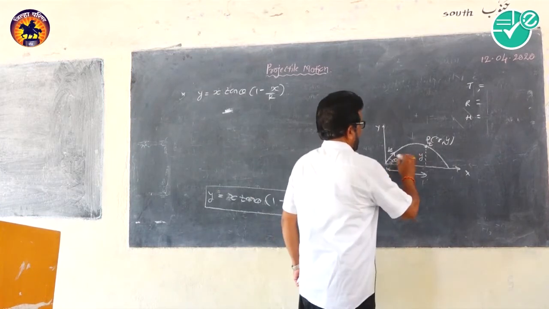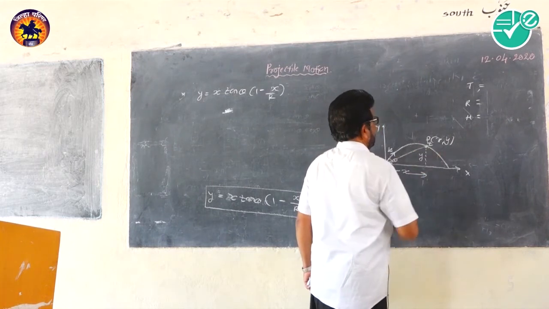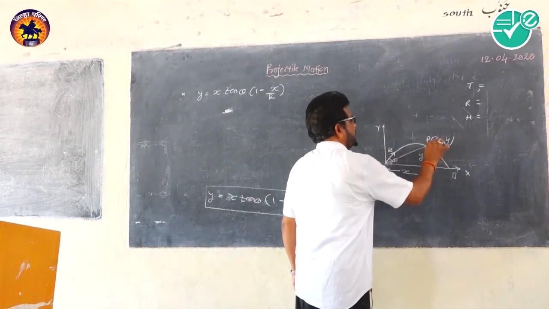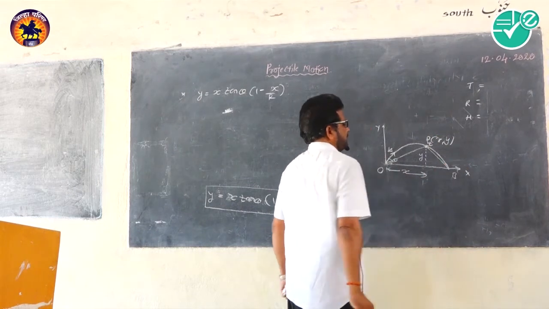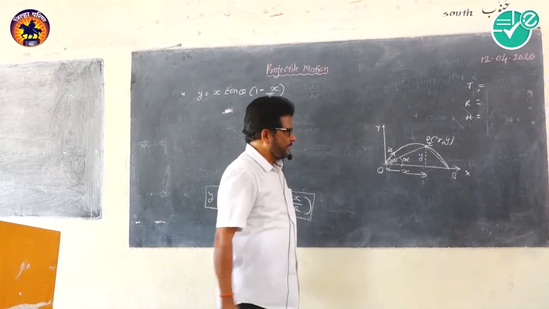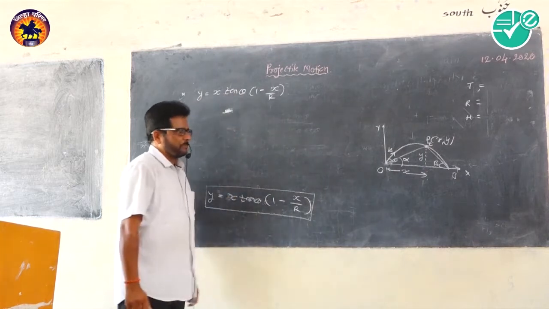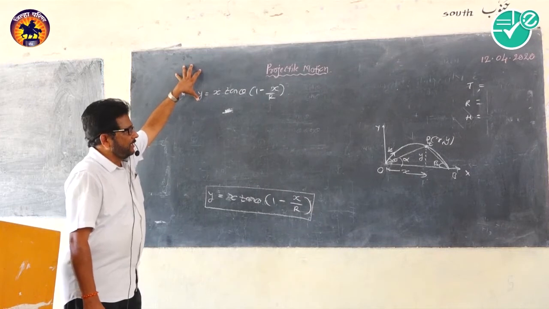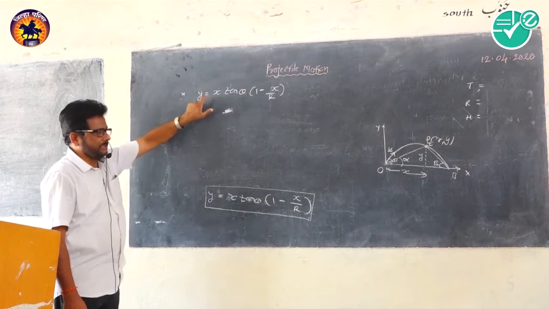Suppose we join these two points O, P, and then P, B in this way, so that this angle we call alpha and this angle we call beta. Then we have to find the relation between alpha, beta and theta using this equation.